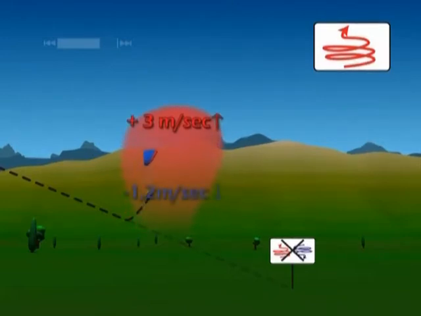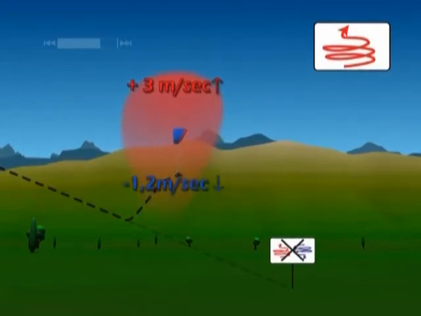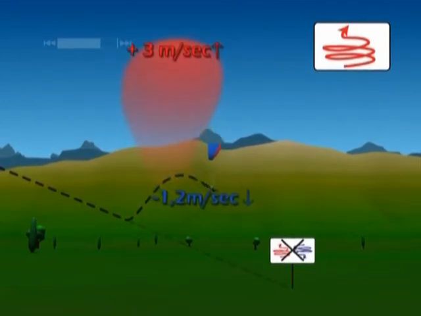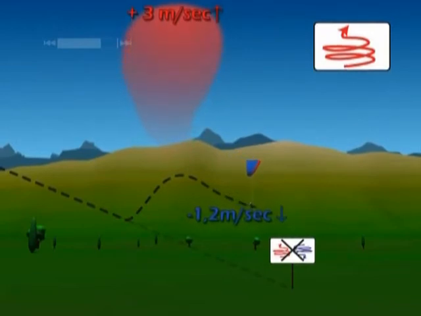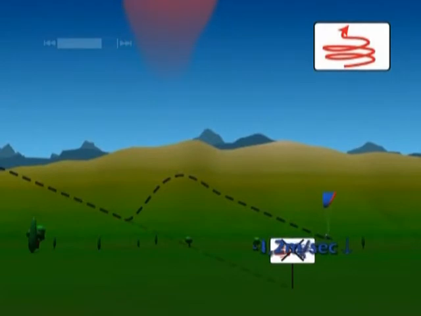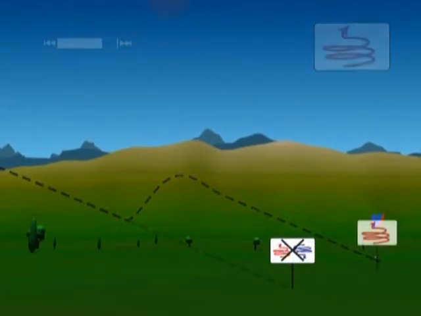Whilst the glider is in the thermal, it continues to descend at its sink rate of 1.2 meters per second. But, since the air mass it is flying in is rising faster at 3 meters per second, the paraglider will gain altitude in relation to the ground.